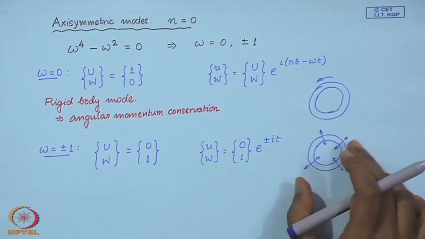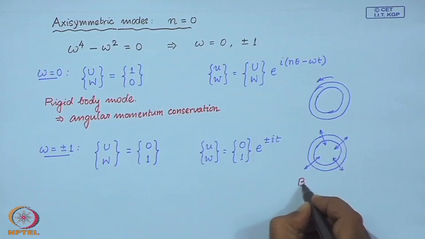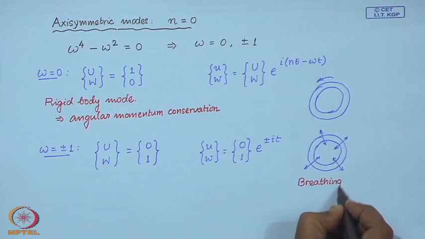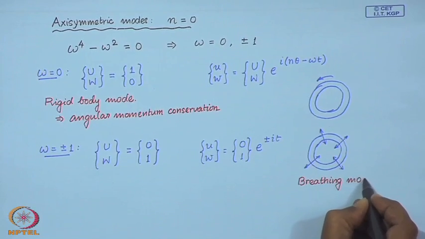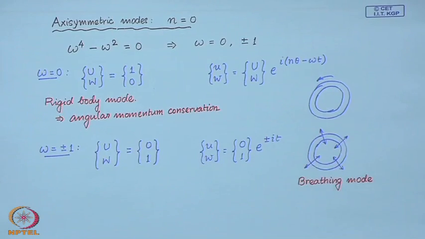So, you have something known as a breathing mode. This is sometimes known as a breathing mode. So, the ring expands and contracts axisymmetrically.